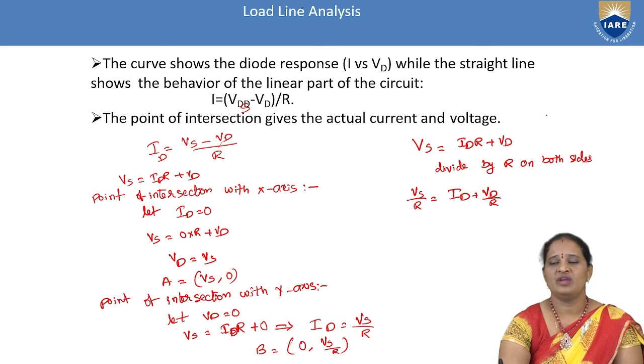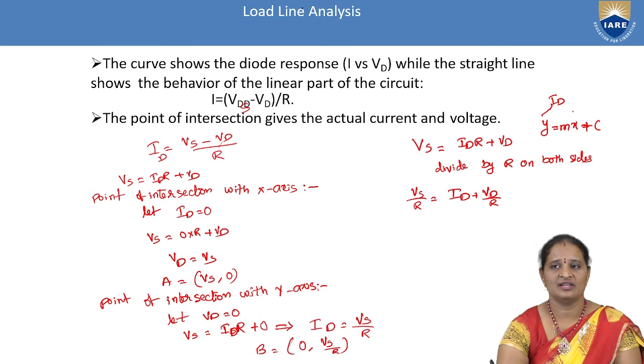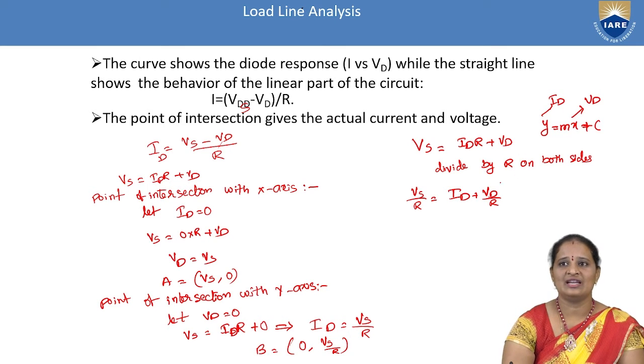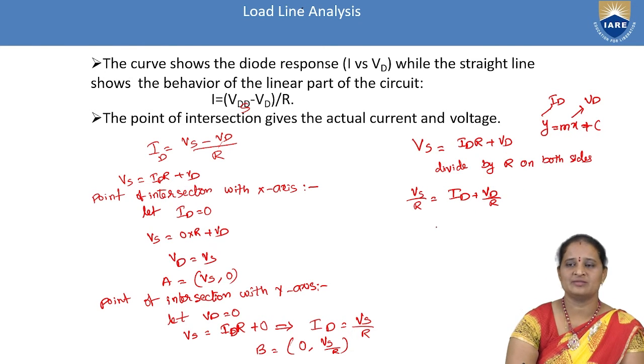Now we know that a straight line is mathematically represented with the equation y is equal to mx plus c. On the y-axis we are taking current, that is ID, and on the x-axis we are taking voltage V. Let us rearrange this equation in the form y is equal to mx plus c.